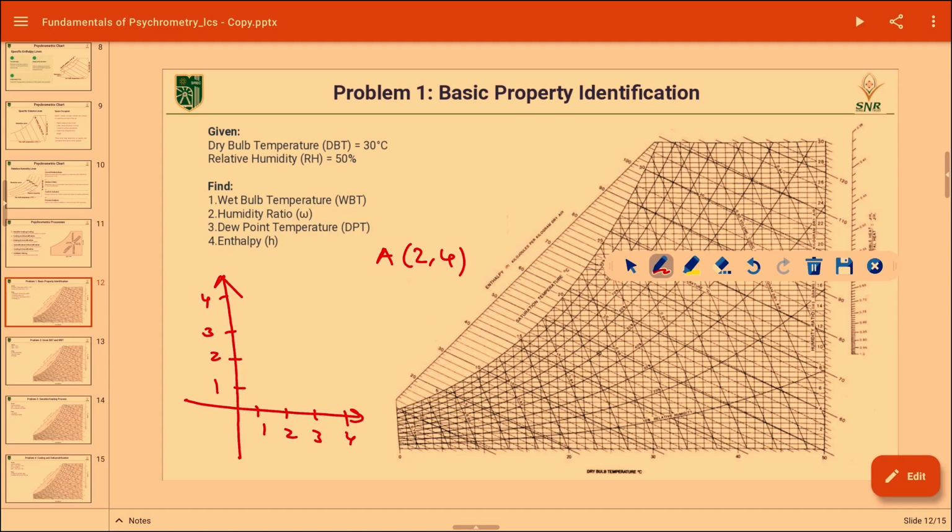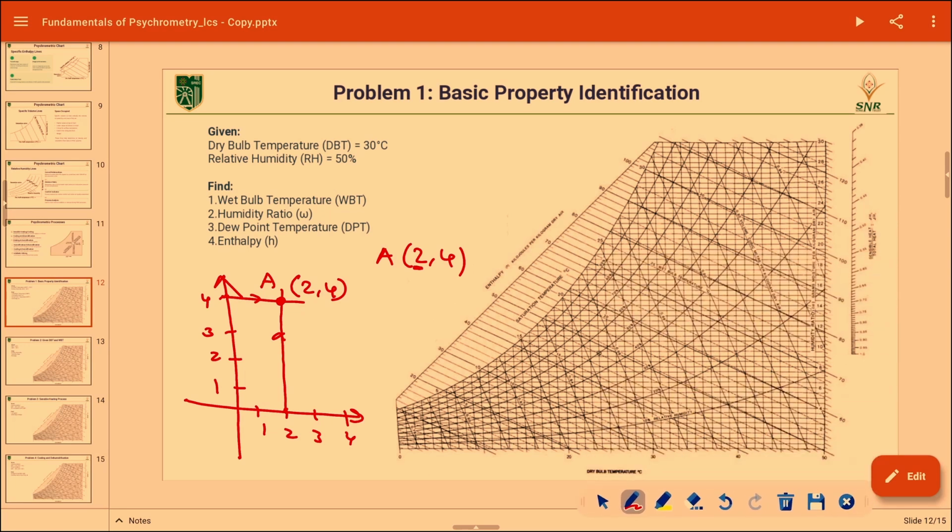We know 2 is the x coordinate and 4 is the y coordinate, and we draw a vertical line from here and a horizontal line here, and the point at the intersection of these two is point A. This is the first exercise we did using a graph way back in our 5th, 6th standard in high school, right. Now, the same case is applicable here.